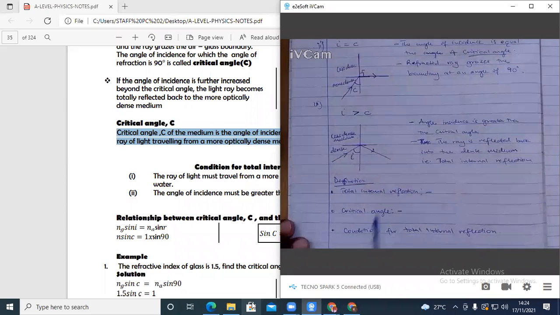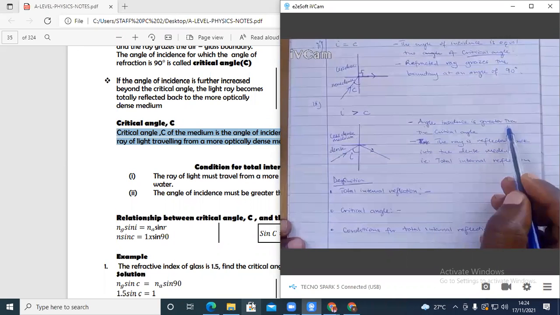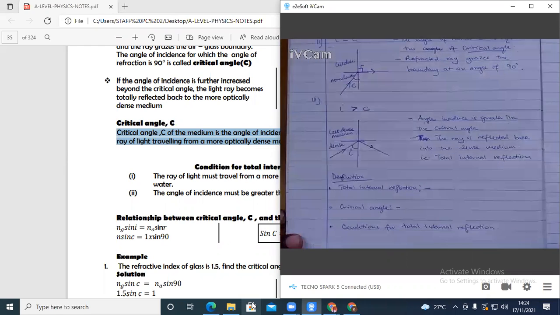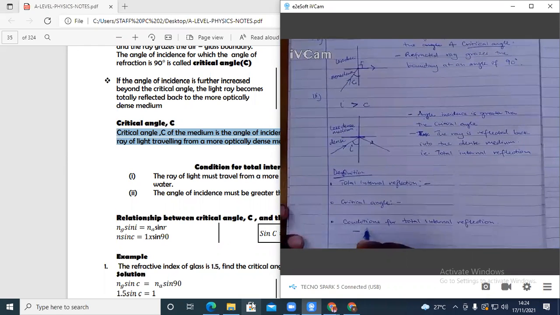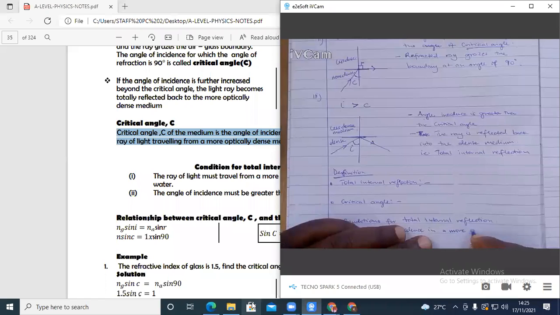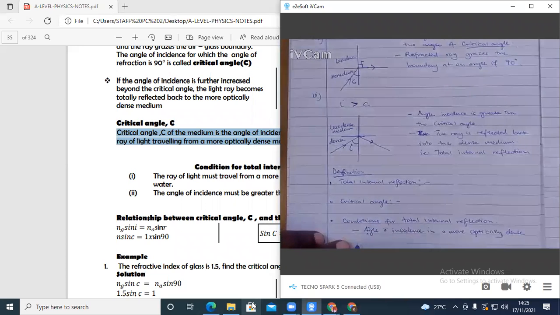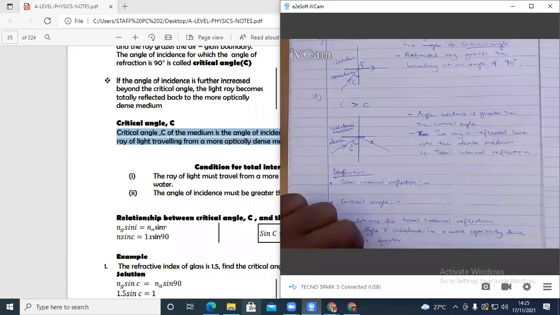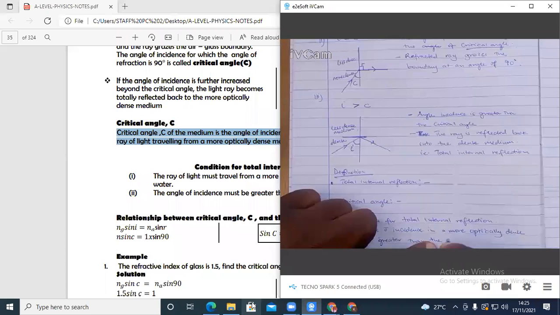One of them, of course, is here: the angle of incidence in the more optically dense medium is greater than the critical angle. That is the first condition.